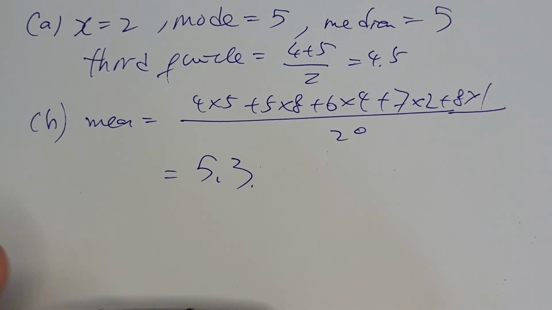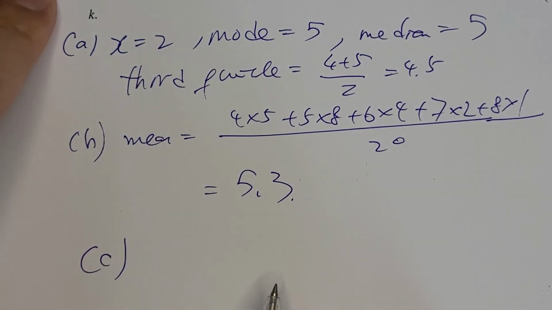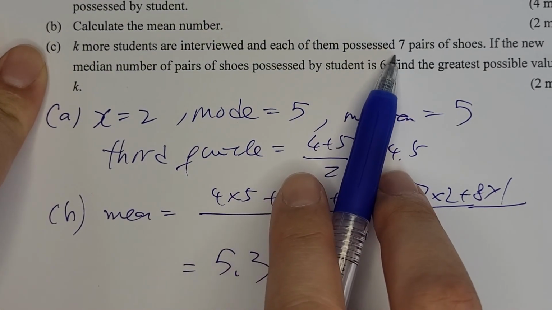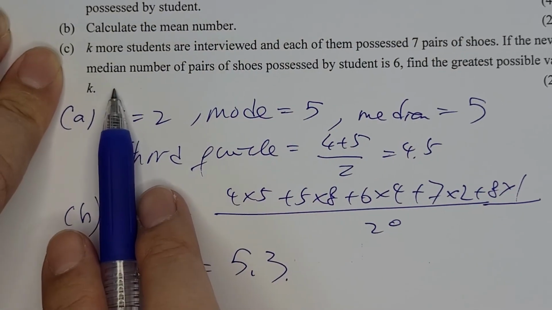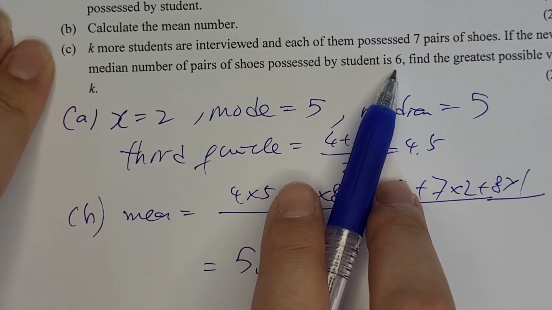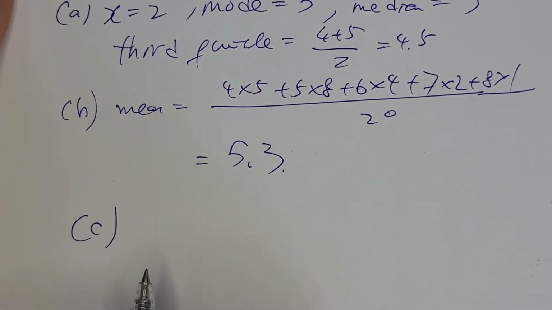That's it. Part B. So part C, K more students are interviewed and then each of them propose 7 pair of shoes. If the median of the pair of shoes by student is 6, find the greatest possible value of K. So here's a funny question.